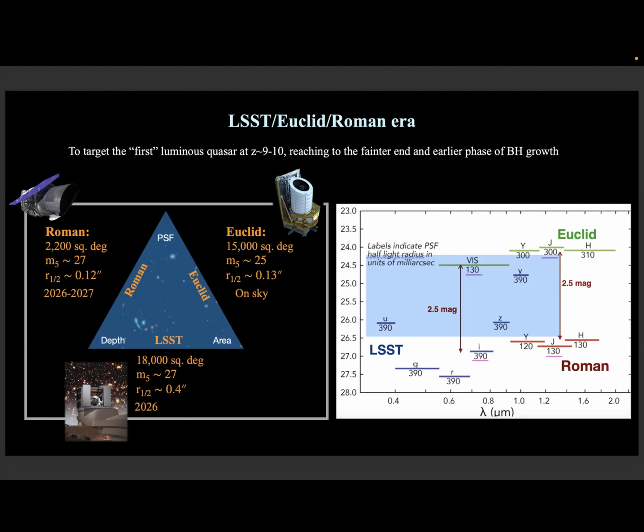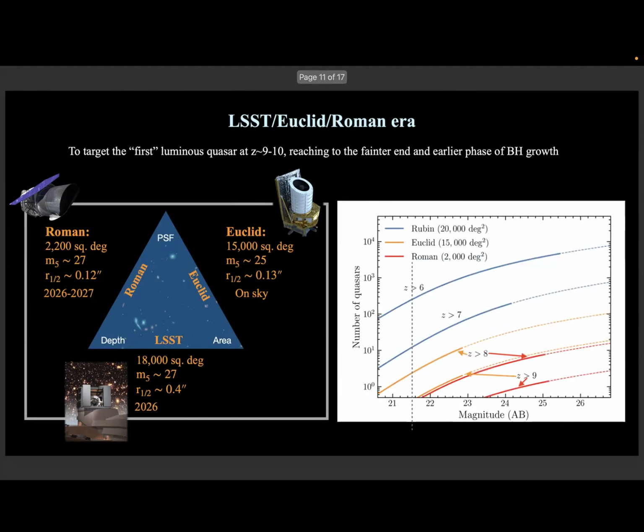So with this kind of wide-survey optical and near-infrared image data, we can make a prediction about how many high-redshift quasars there will be and how we can change the sample size. This dashed line is what we have now, our current survey limit. With Rubin, Euclid, and Roman, we can reach 3 to 4 magnitudes deeper, for redshift 6, 7, 8 to 9.